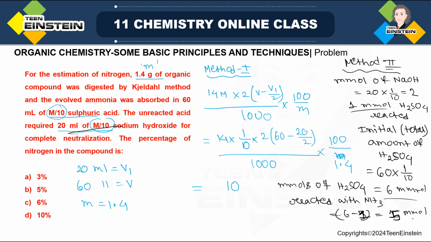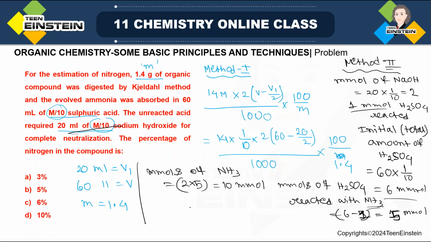Right? Millimoles of H2SO4 reacted with ammonia is 5 millimole. So millimoles of ammonia should be double of it, that means 2 into 5, 10 millimole.